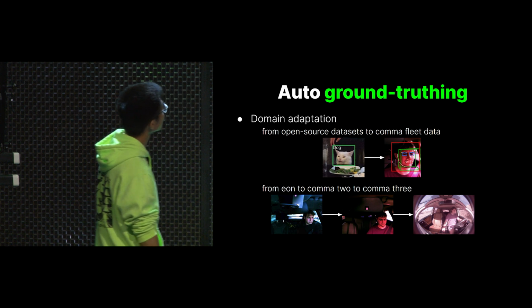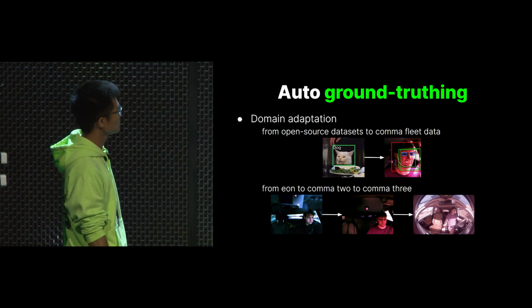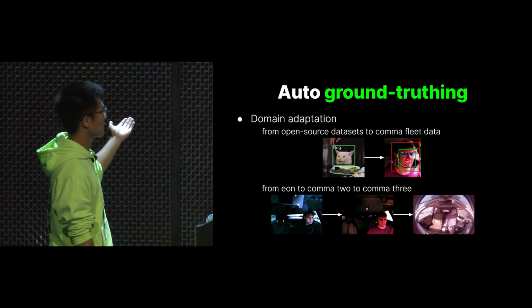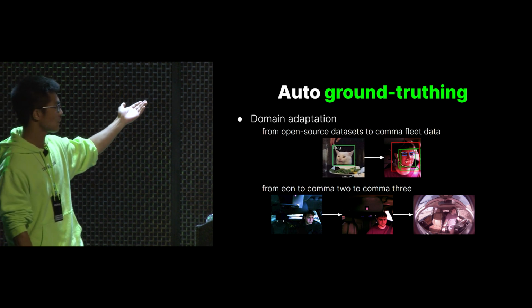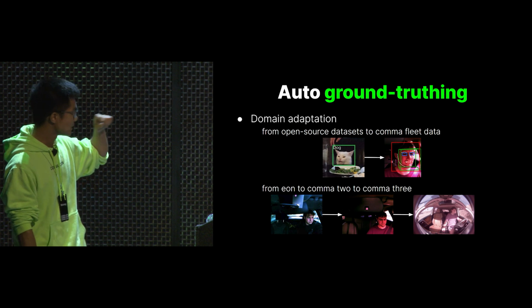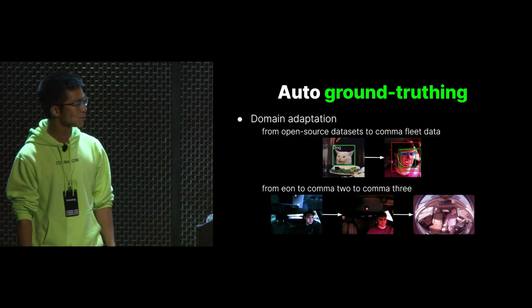Speaking of domain adaptation, the idea can also be applied to, say, when we want to train the model that used to work on eons to work on comma 2s. We can just start by making the eon pictures kind of pinkish to mimic the IR lighting in the comma 2.